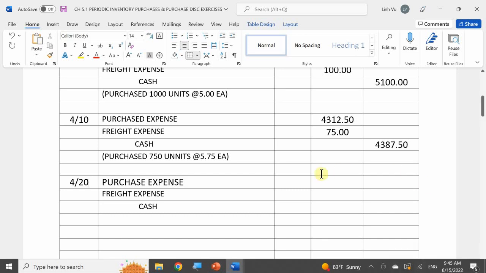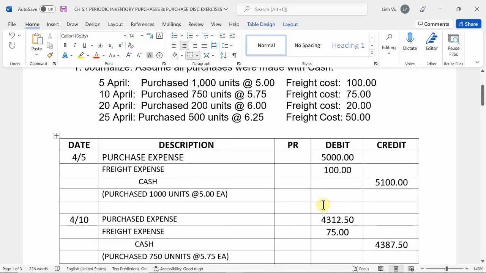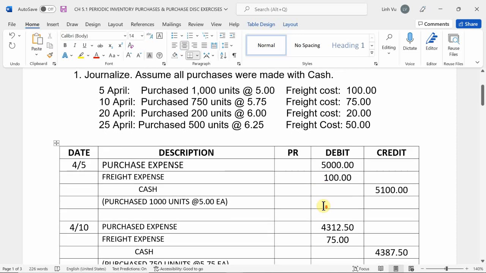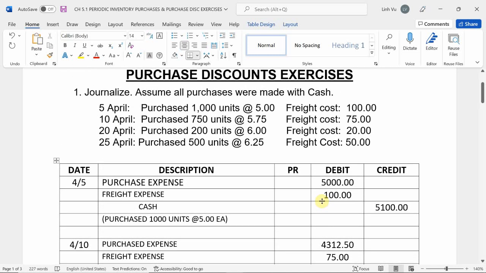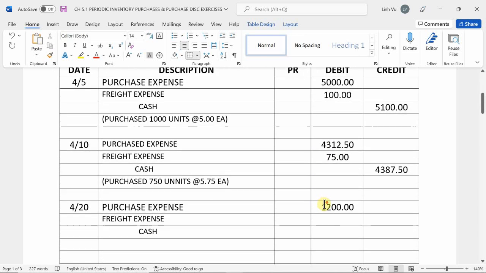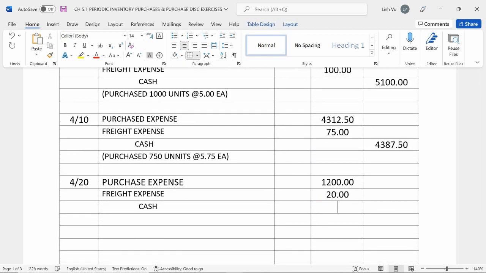Purchase expense, 1,200, because I purchased 200 units at $6 each. That gave me $1,200. And then freight was $20. So how much is going to be my total cost? $1,220. Good. And make my note here that I purchased 200 units at $6 each.